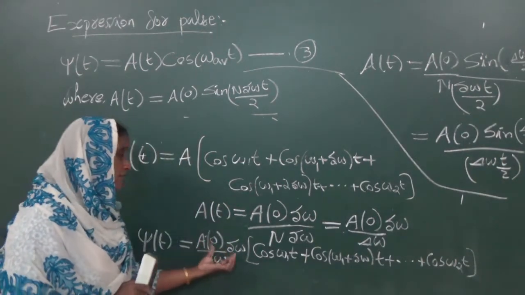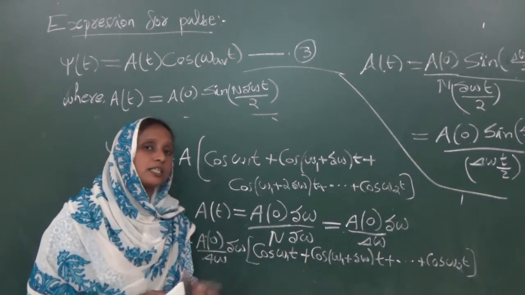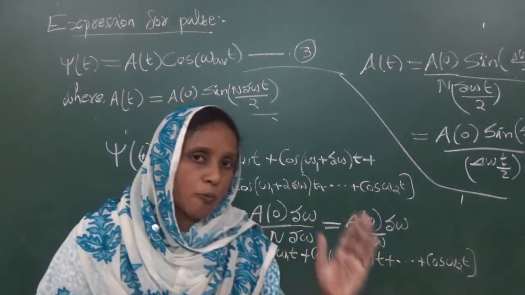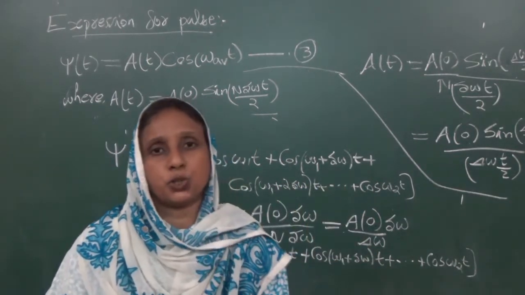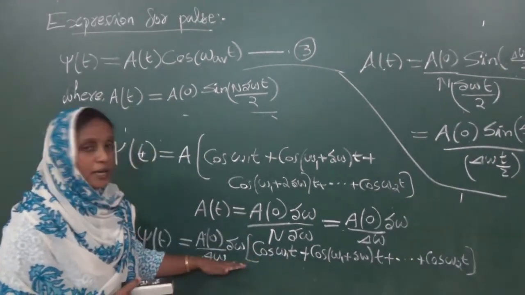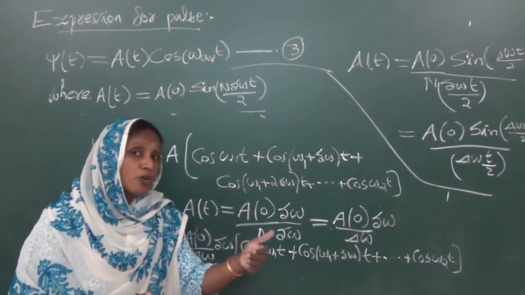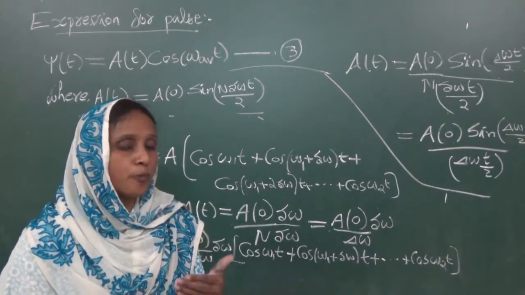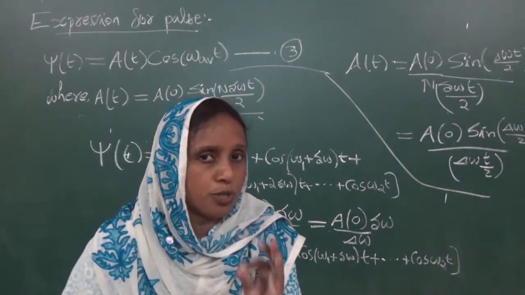That means this frequency distribution is continuous from omega 1 to omega 2. So we can replace this summation with corresponding integration. Hope that you get what we have to do now.